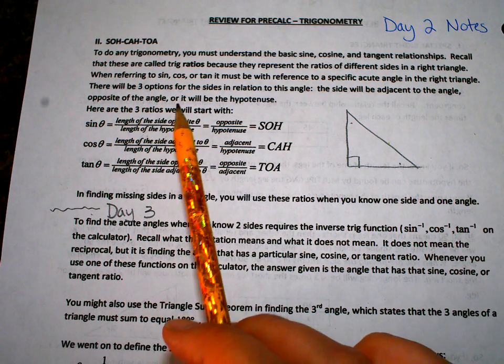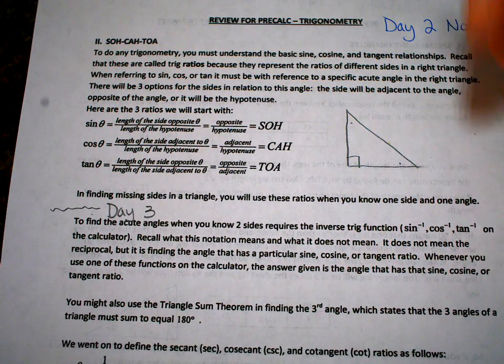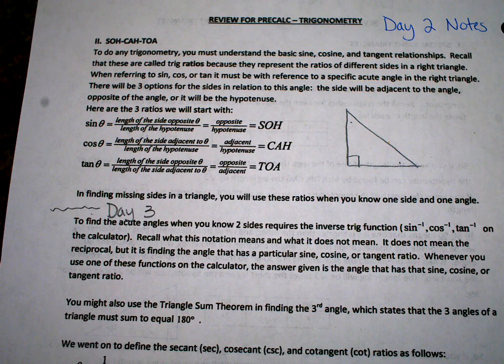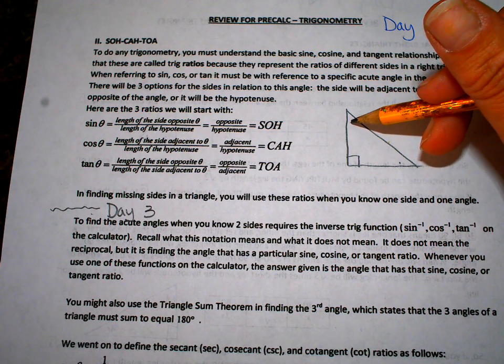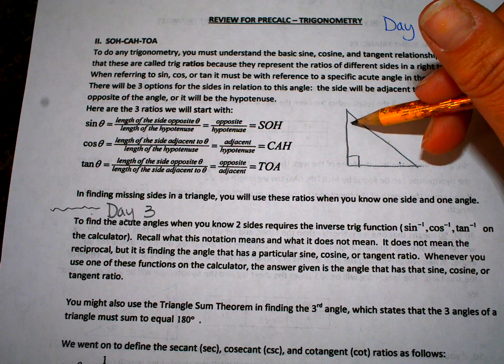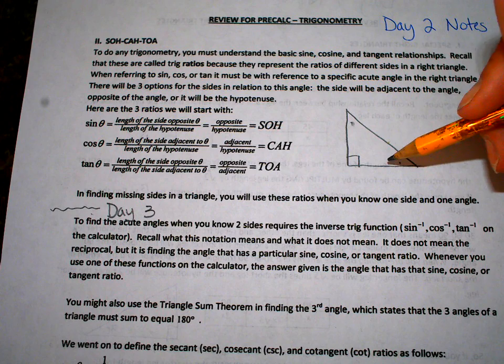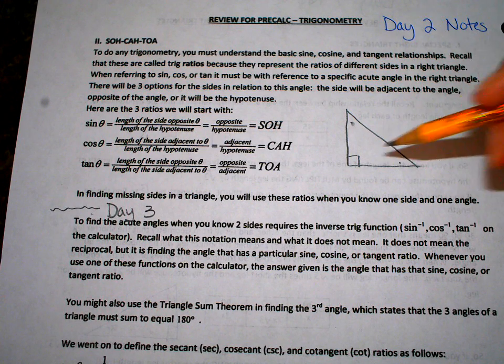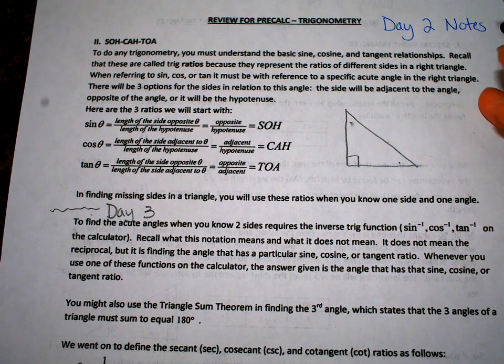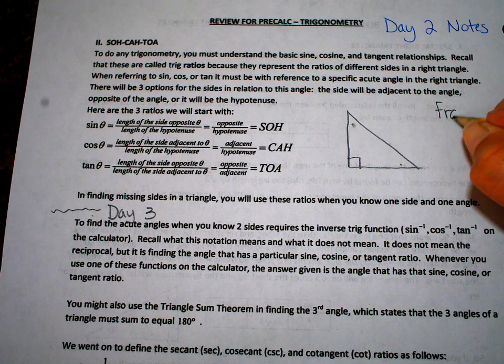There will be 3 options. So if I want to find out what's the ratio of 2 of the sides in reference to this angle, I could use sine or cosine or tangent to find the ratio. Remember, a ratio is going to be a fraction answer.